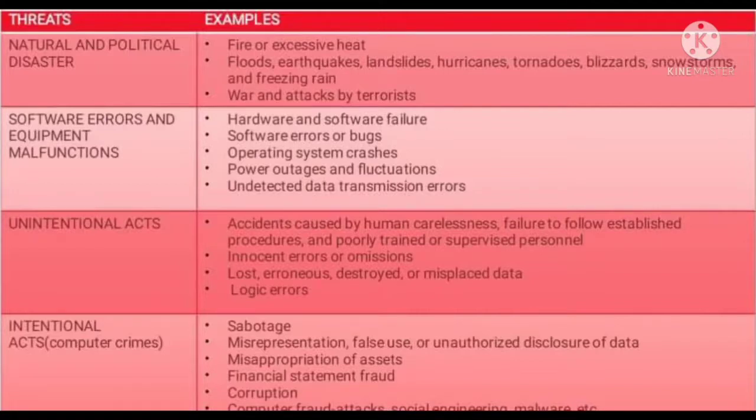Second is the software errors and equipment malfunction. Hardware and software failures, software errors or bugs, operating system crashes, power outages and fluctuations, and undetected data transmission errors are examples of software errors and equipment malfunction.